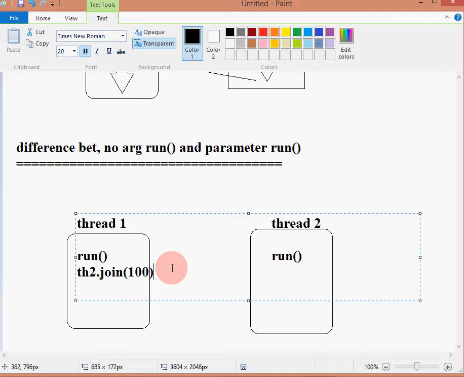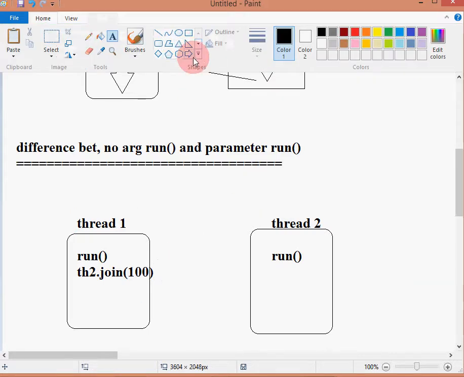The parameterized join method doesn't block the thread execution until the thread completes. It continues after the given time. If you give a parameterized join, then it doesn't wait until the thread completes. It waits for the certain time given to the thread.